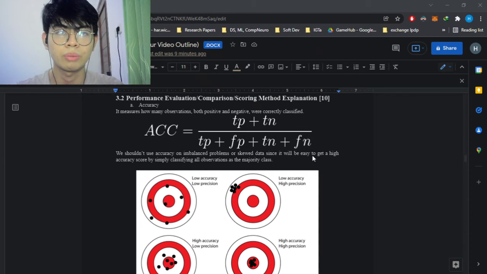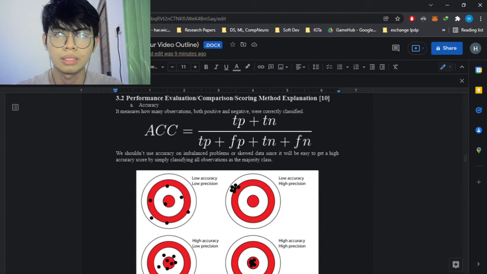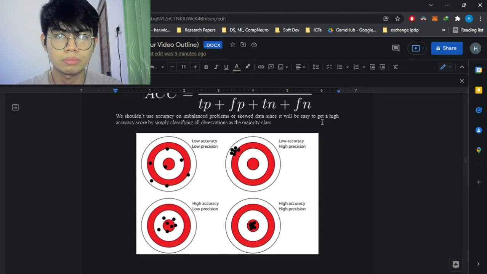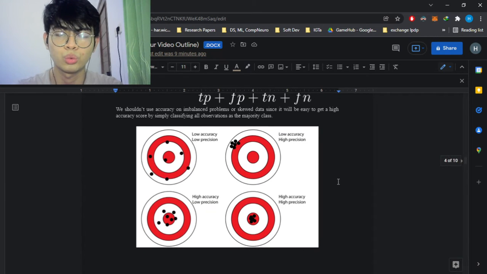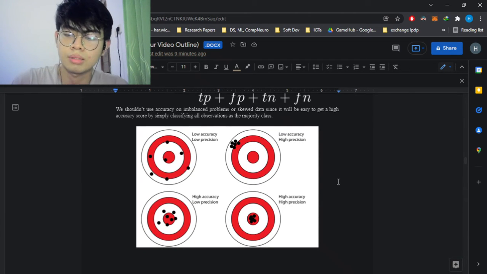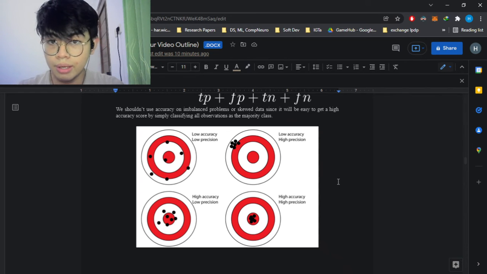Okay, so when we talk about accuracy, this is how it compares to precision. Simply put, accuracy is when you hit the center of the bullseye.